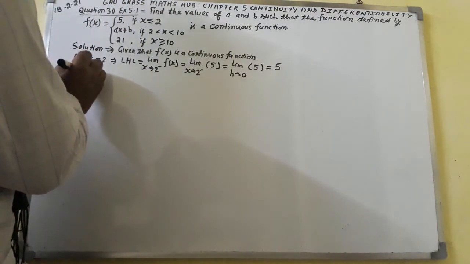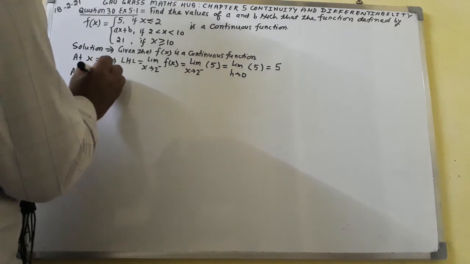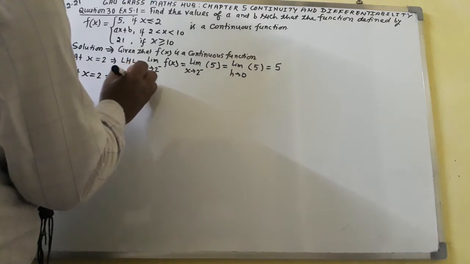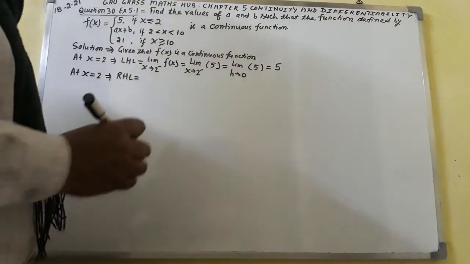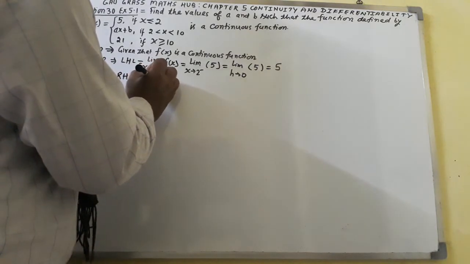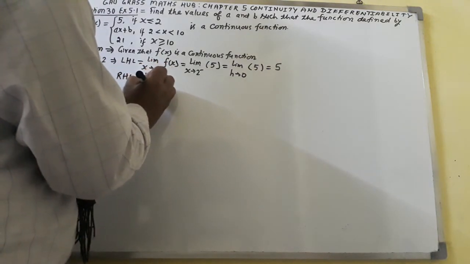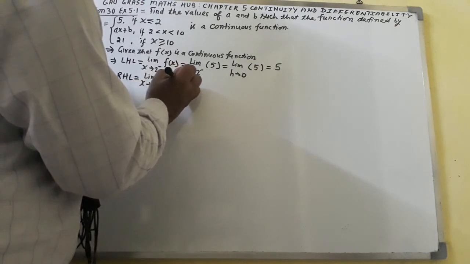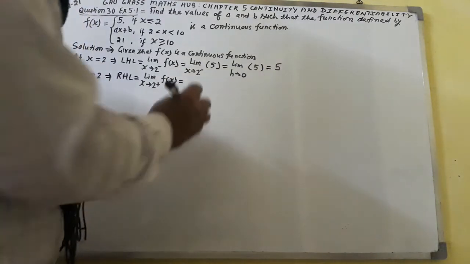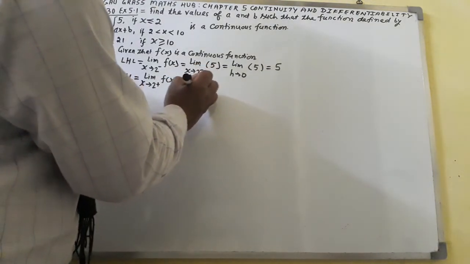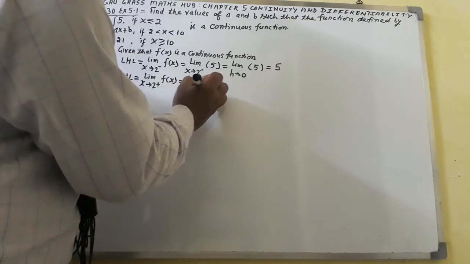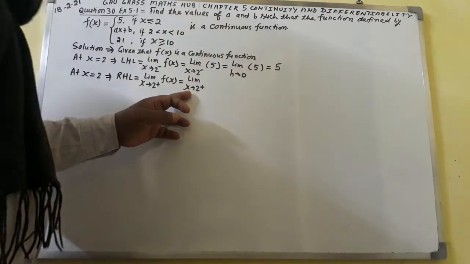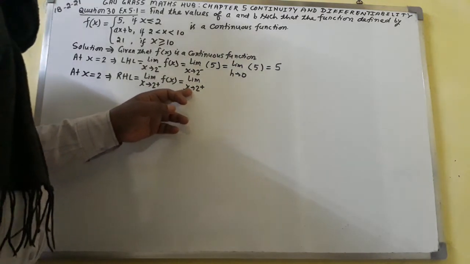Now at x equal to 2 I shall get the right hand limit, limit x tends to 2 positive of f of x. Here the value of x must be greater than 2.